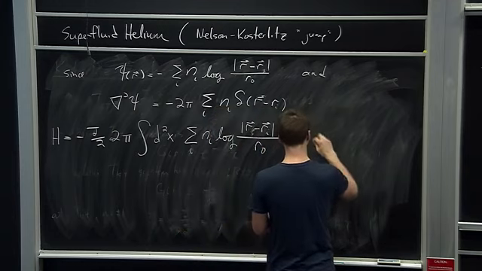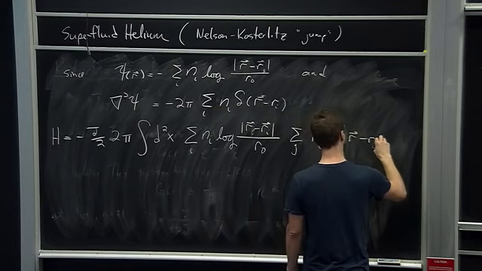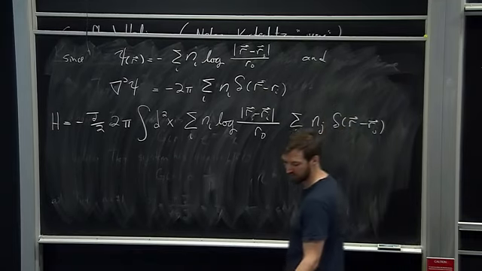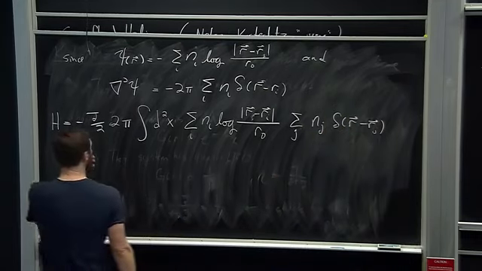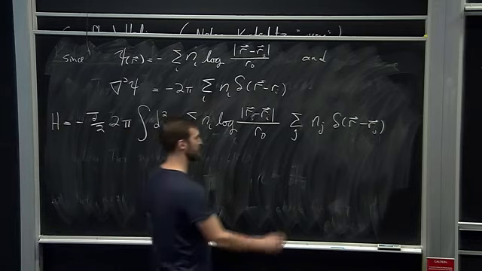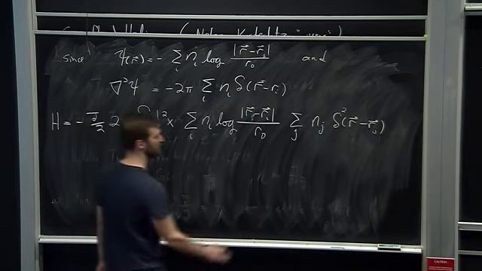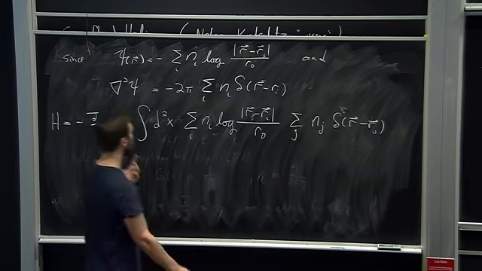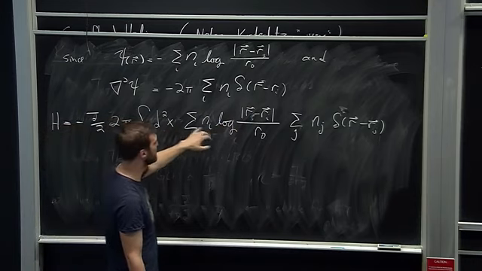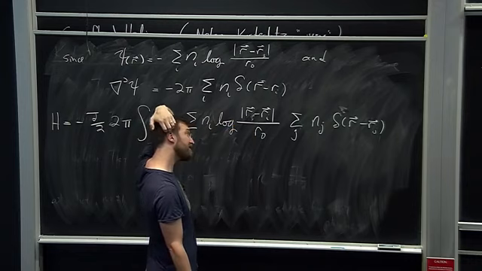So I'll call the second one j. Okay, so I have a 2D delta function. This should probably have been labeled a 2 there. So that'll take my r and make it r_j minus r_i.